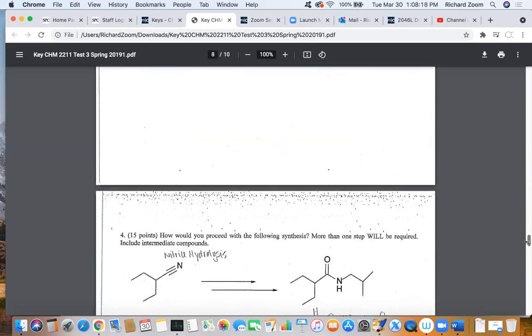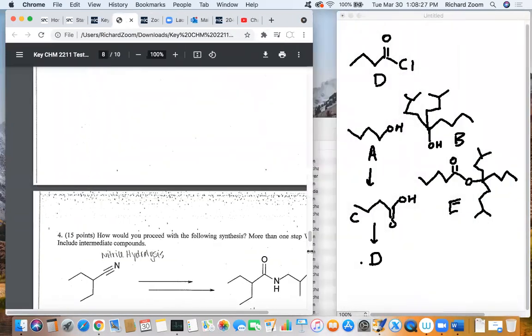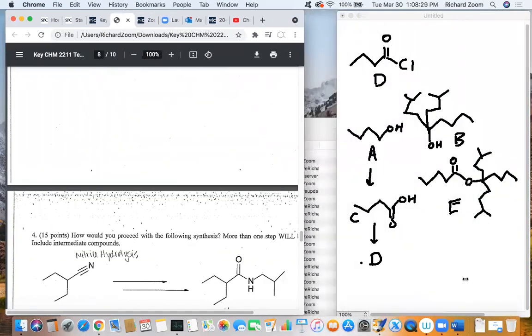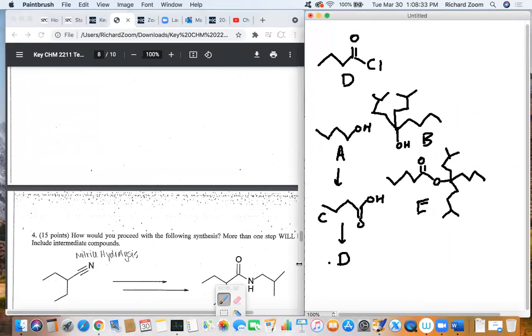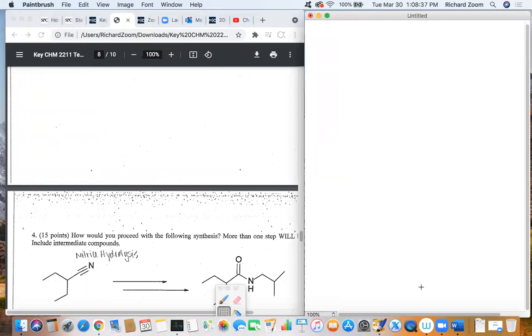This one, okay. All right, so we're trying to go from this nitrile to this amide.